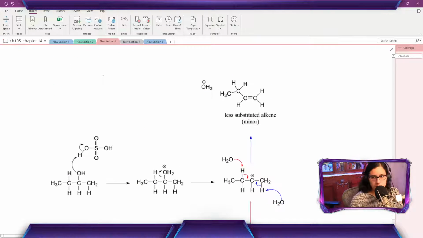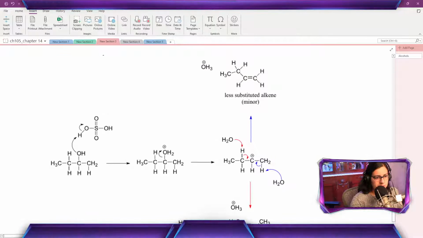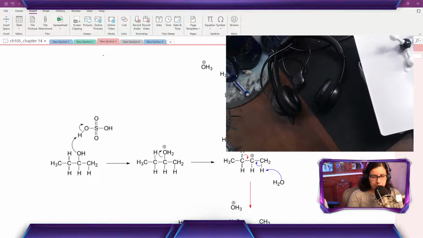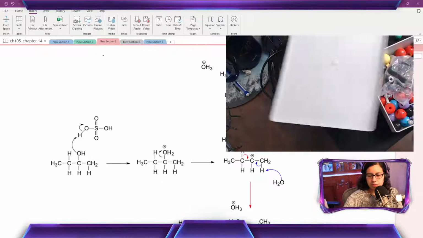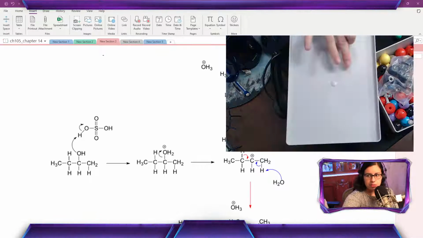So now I want to look at this next scenario and look at this mechanism a little bit deeper. First of all, let me get my molecule kit out. Give me 1 second to make this. It's not completely necessary, but it is really nice to have this molecule kit.